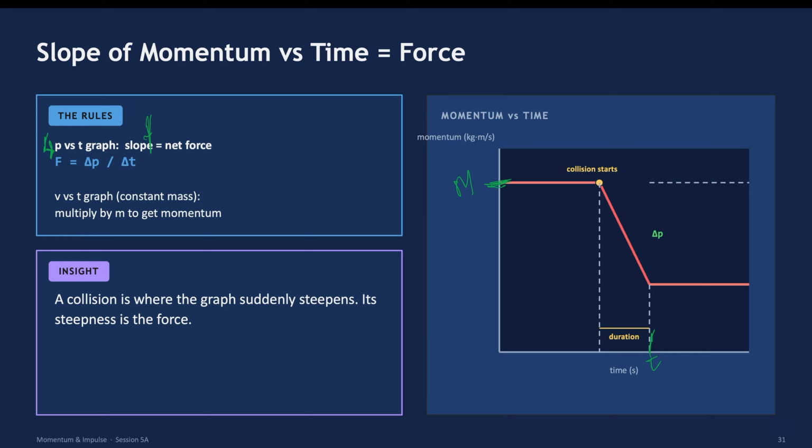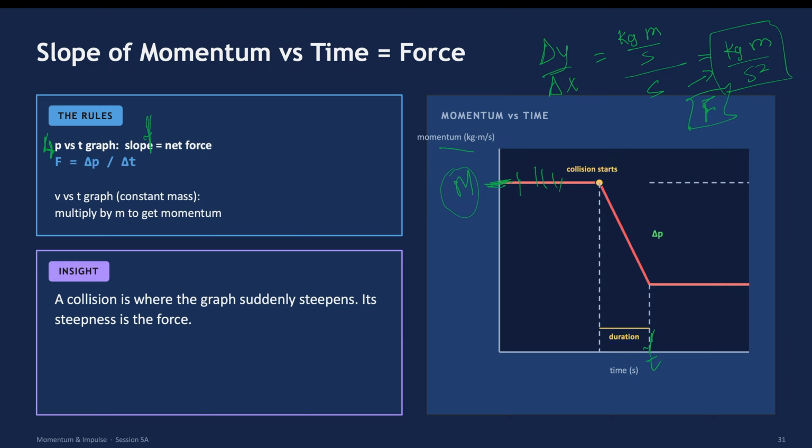Well, we know the units here are going to be the y value, delta y over delta x. The y value is going to be in momentum, right? So kilogram meter per second over seconds. So the slopes of momentum time graphs are the newtons, okay? They're the force. That's the slope for a momentum time graph.